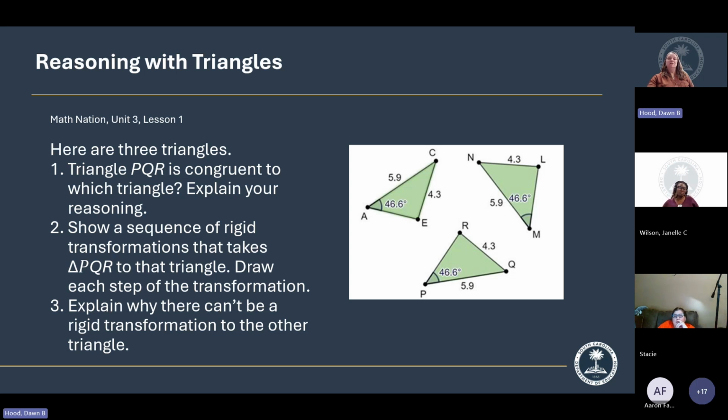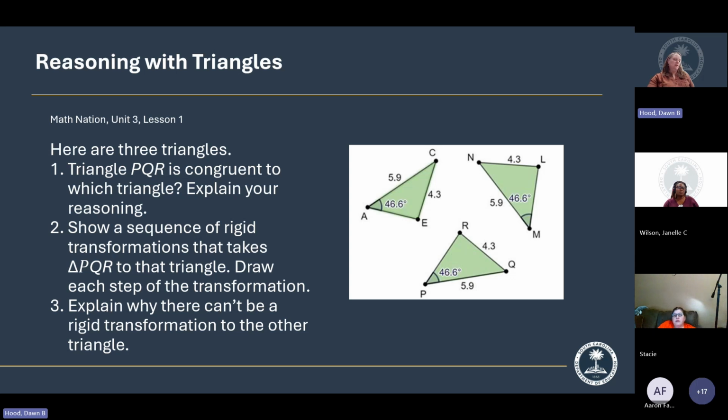And orientation is the thing that messes them up the most. When a triangle's turned, they struggle with being able to match their corresponding angles and sides. It will help them tie congruence to transformations, understand more about congruence and transformations.